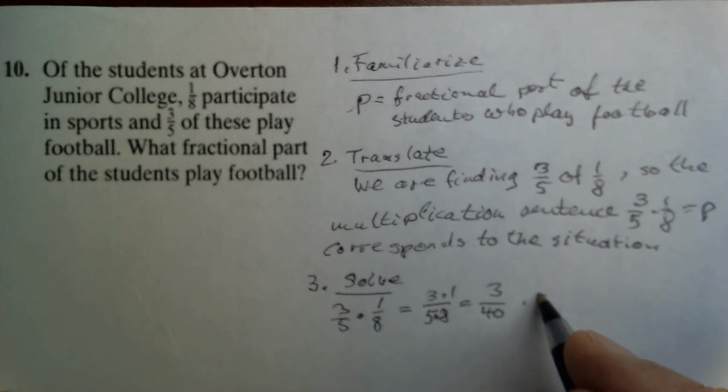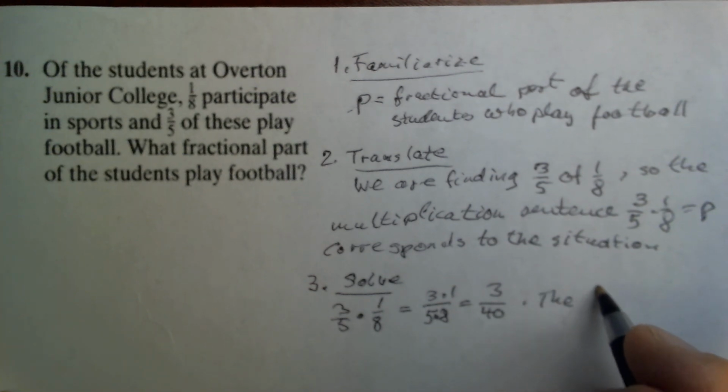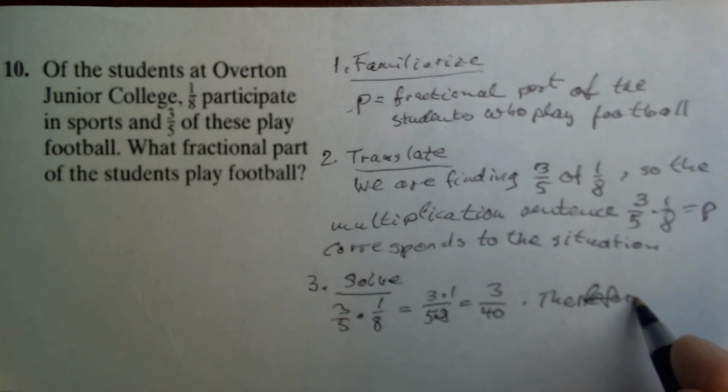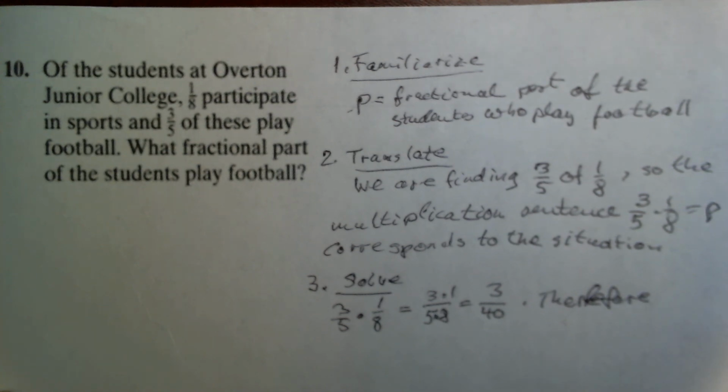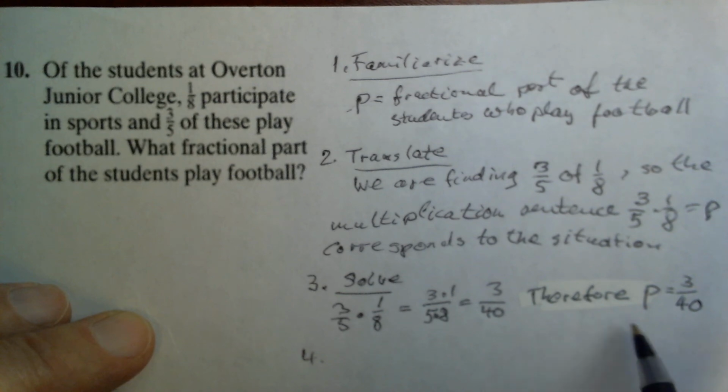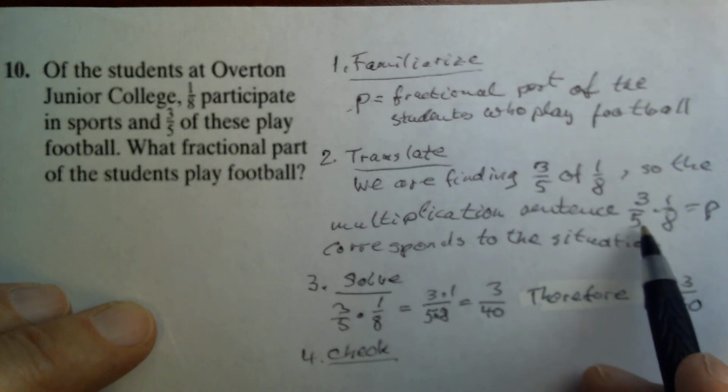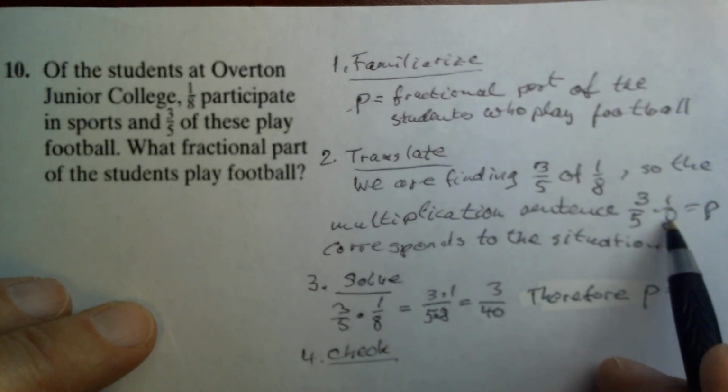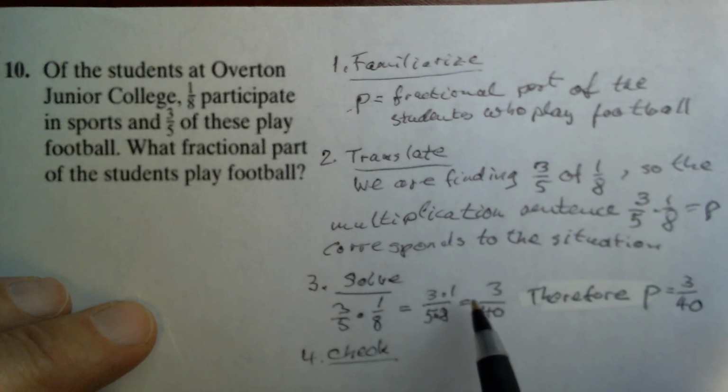Therefore P equals 3/40. And number 4, we check the answer, check the arithmetic. And so we again go over the initial multiplication sentence, 3/5 times 1/8. The calculations are correct, so that checks.